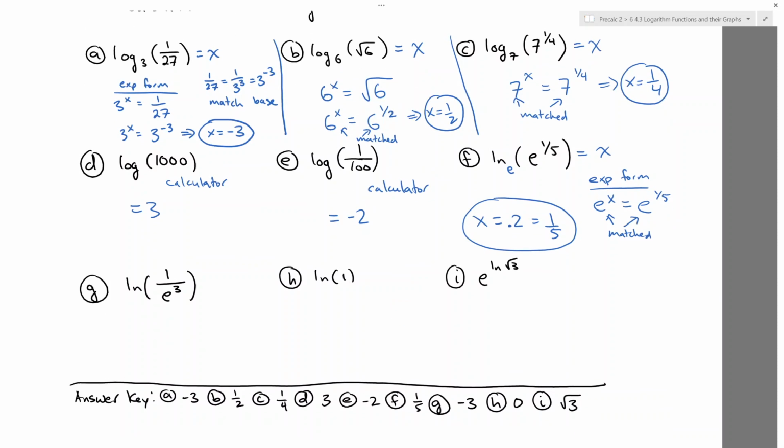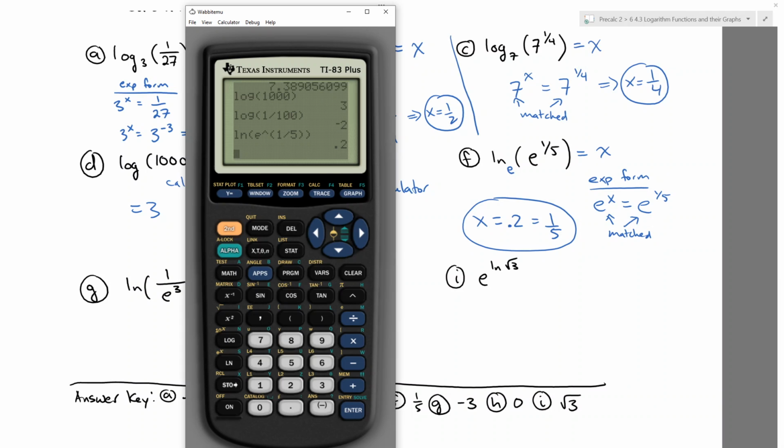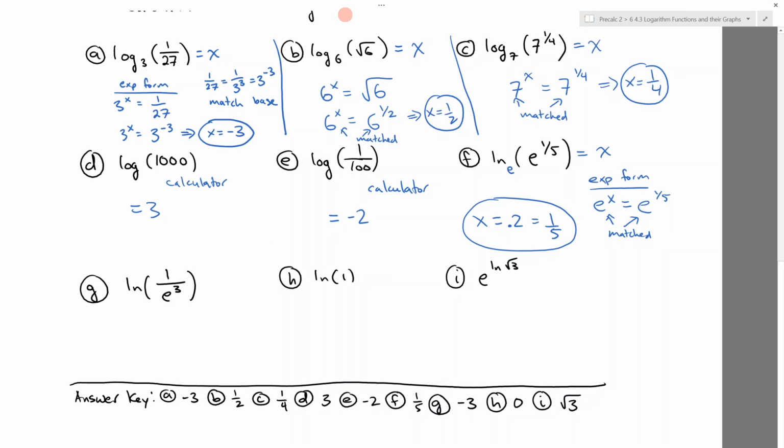Okay, so let's continue. Next one, ln of 1 over e to the 3rd power. ln of 1 over e raised to the 3rd power is equal to -3. ln of 1, we know this has to be 0, right?